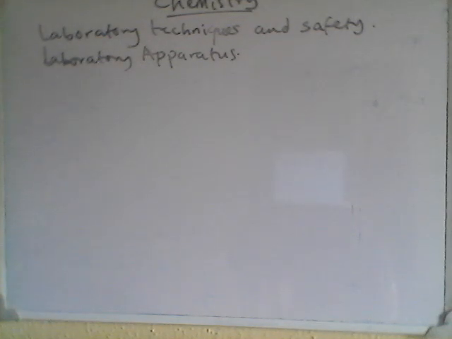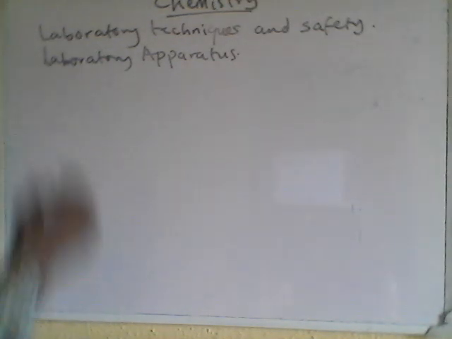So we dive in. What is a laboratory? So a chemical laboratory is a place for conducting scientific experiments, especially chemical reactions. So to work safely and effectively, students must understand the following.